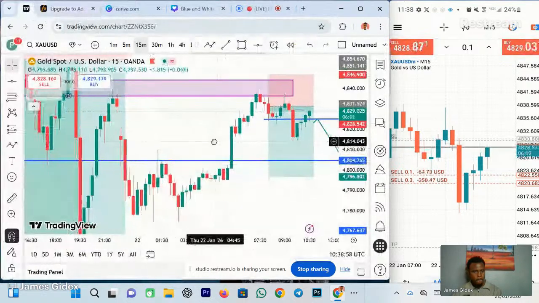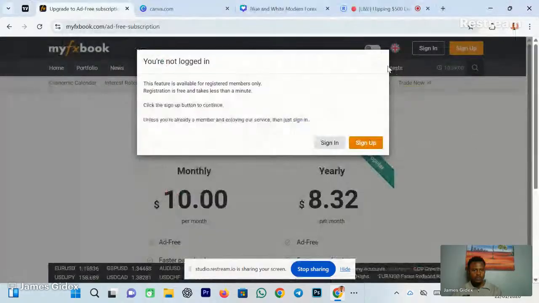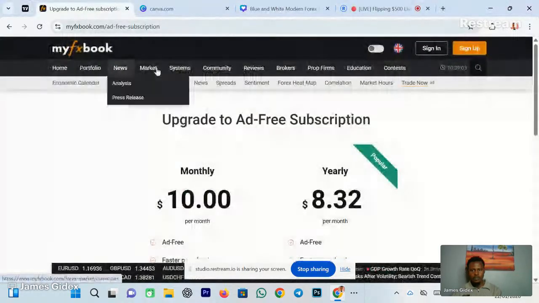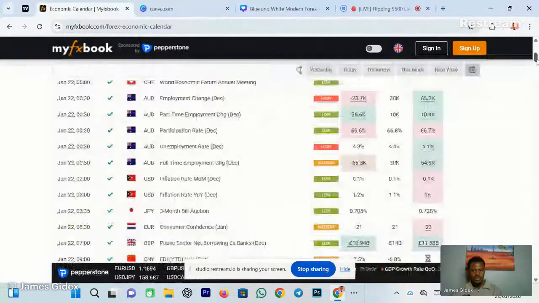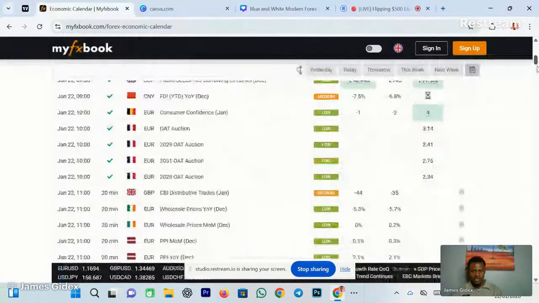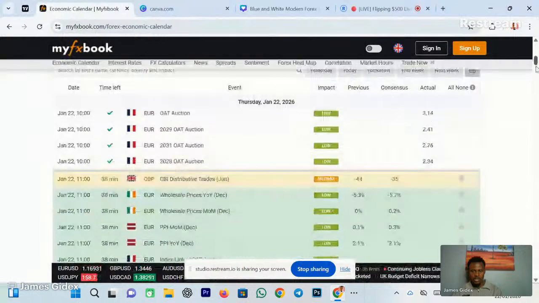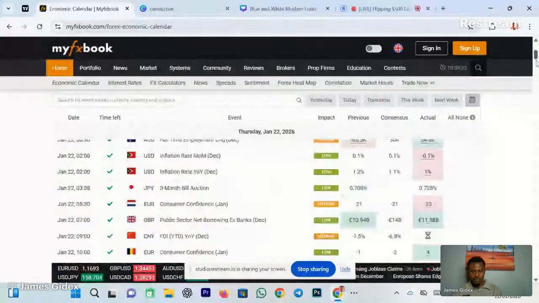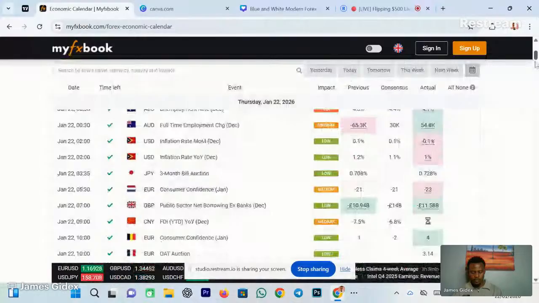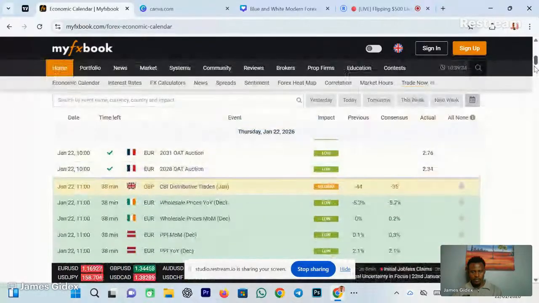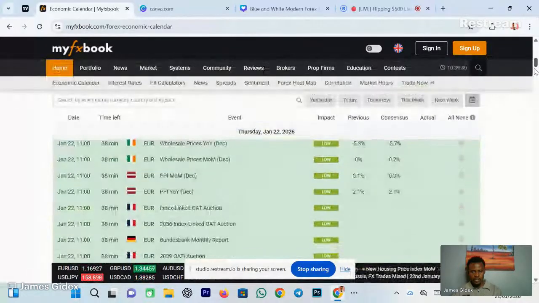We need to understand what eventually happened that made gold turn around like that. Checking the news is very important, you know.